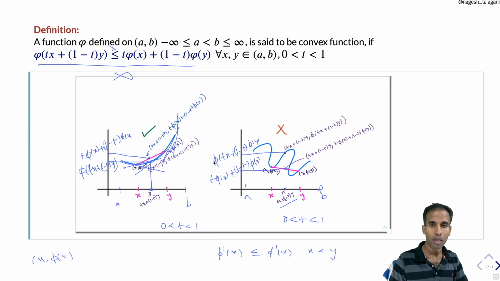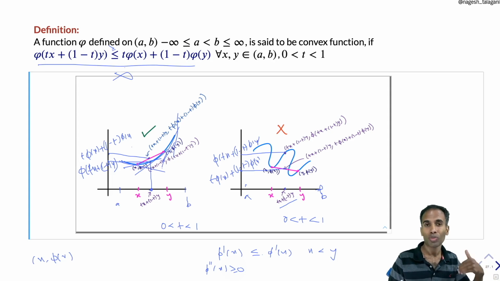If phi is twice differentiable, then the derivative of phi dash x must be non-negative because phi dash x must be increasing, right? So that means the double derivative must be a non-negative function. So for a differentiable function, we can verify whether the function is convex or not just by looking at whether phi dash x is an increasing function or not.